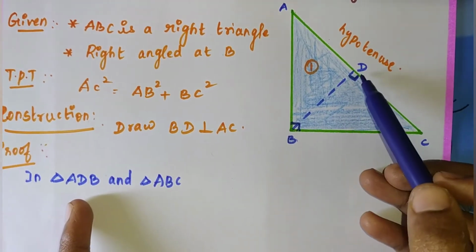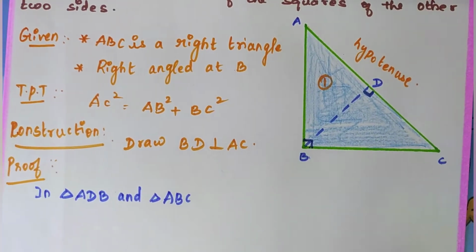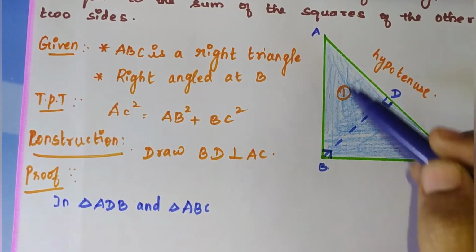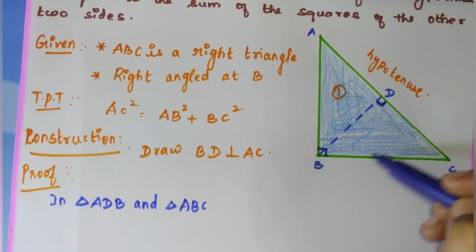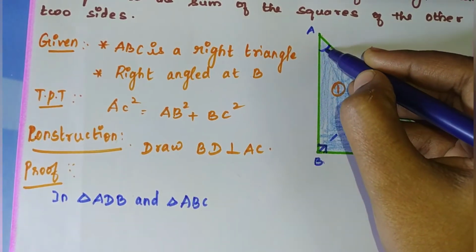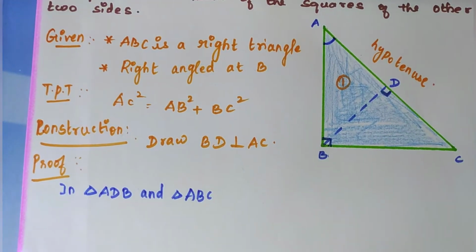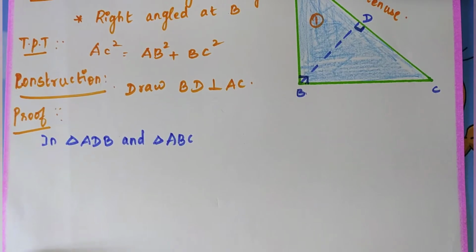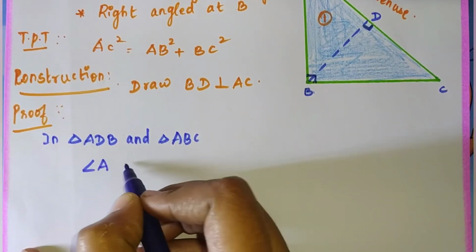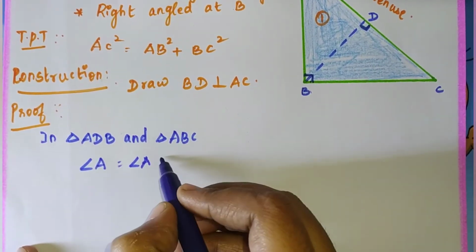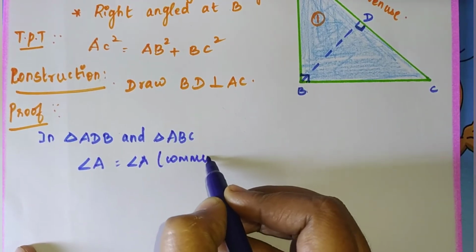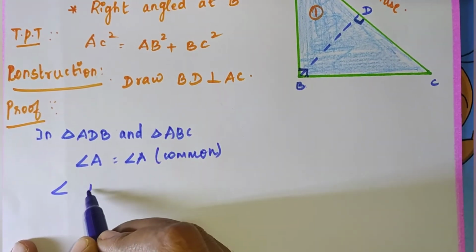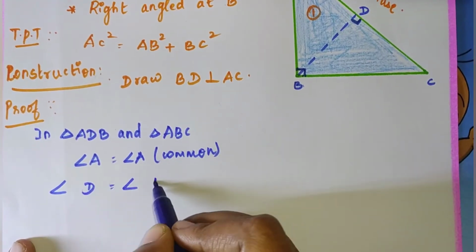One more angle I have to prove equal. Which one is common? The angle A is common. So angle A is equal to angle A, that is common, and angle D is equal to angle B.